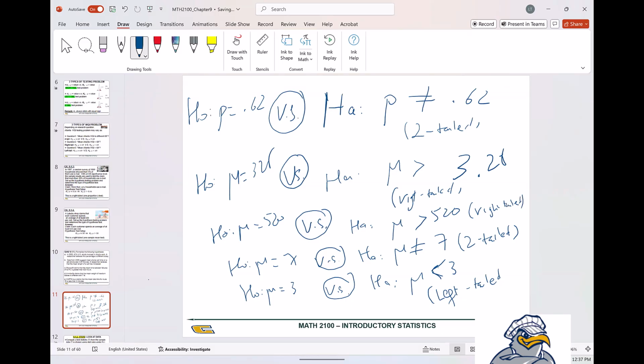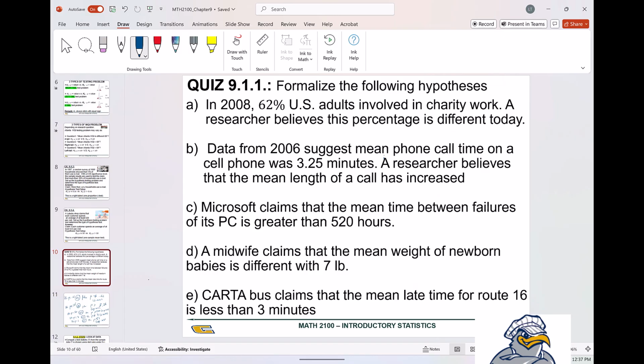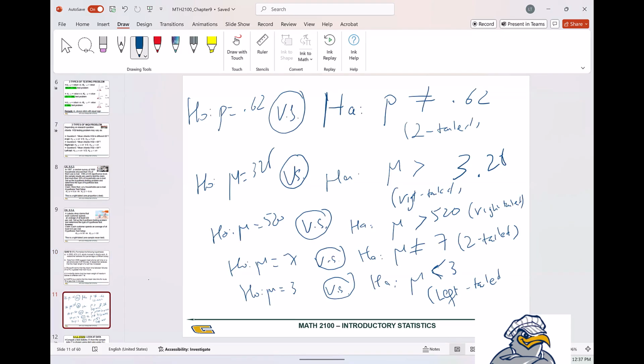So it just depends on what your alternative is. When you look at the testing problem, you should look very carefully at whether they're talking about proportion, p, or the mean, mu. And then whether they want to show that it's different, greater than, or less than. That's how you make your HA. This step has to be correct. If this step is wrong, it doesn't make any sense to do anything further.